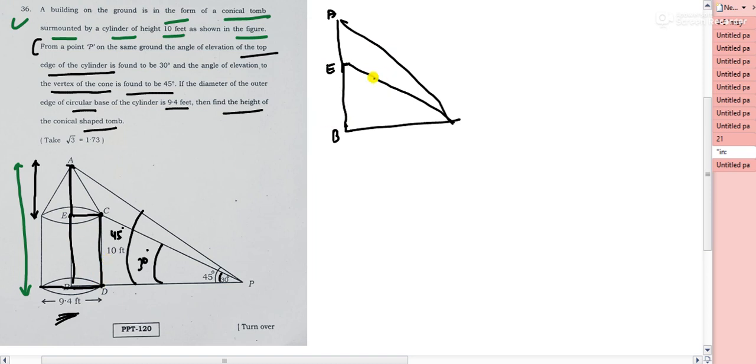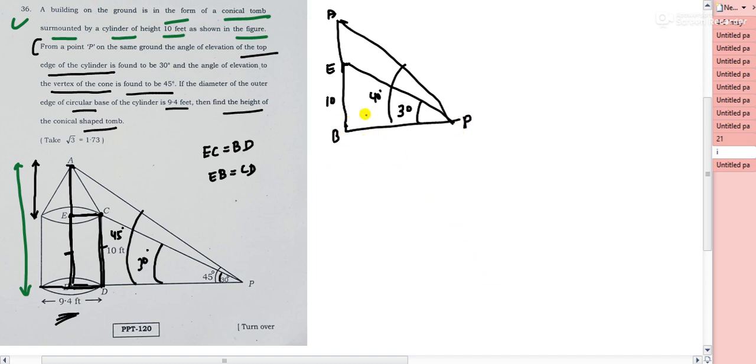So I will write here EC is equal to BD. Any doubt? So EB is also equal to CD, right? These two are also equal because they are the opposite sides of the figure. So this will be 10 feet, and this angle is again 30, and this total angle is 40, and this point is P.